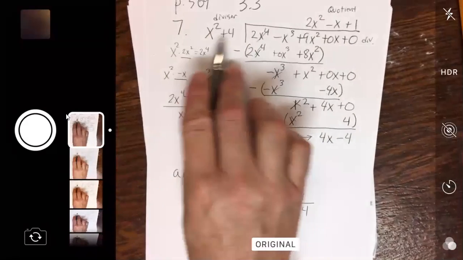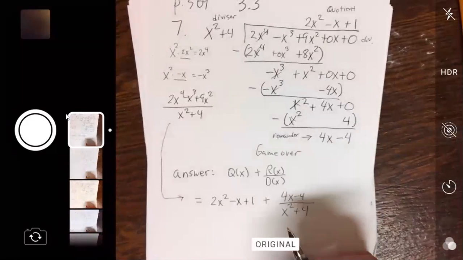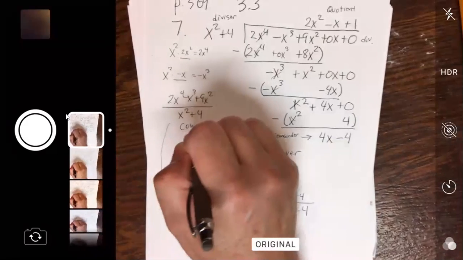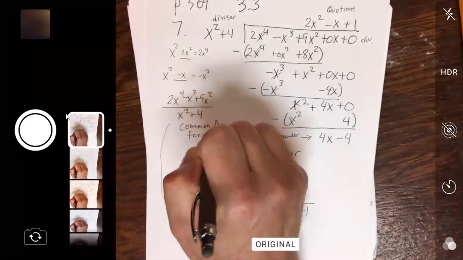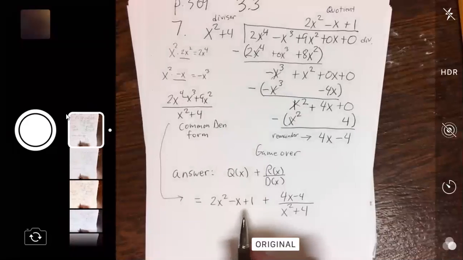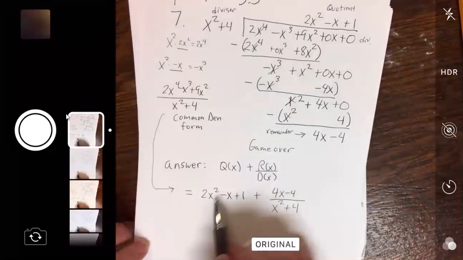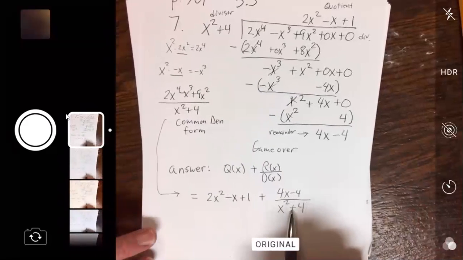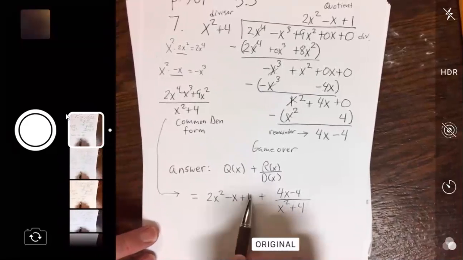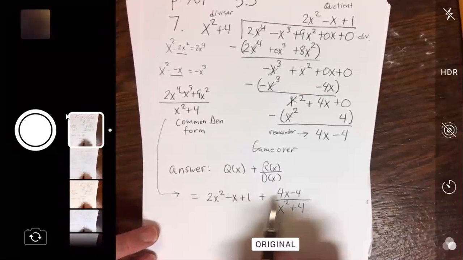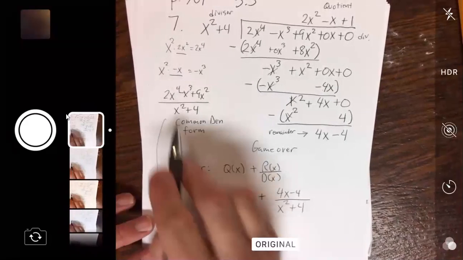That works out by this whole procedure, and we're saying the answer is this. This is a common denominator form. This is a busted up form. But if you want to check if this is right, we can make this a common denominator by putting this under this and then putting that up there, FOIL it all out, bring this in, combine all the pieces, and you'll come right back to this.